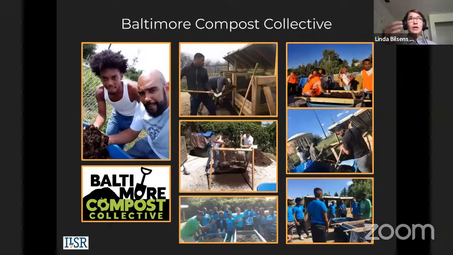And another example that I wanted to bring up of something that we helped to launch, but again, we cannot take all the credit for and should not, is the Baltimore Compost Collective. We partnered with a few local organizations in Baltimore, one of them being a community garden that exists in a site in South Baltimore that used to be a dump site, basically.